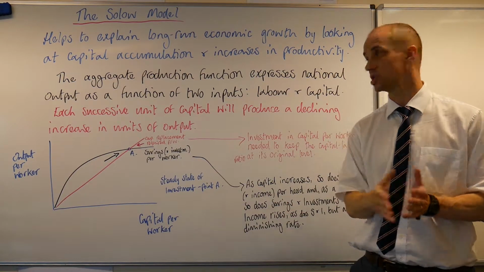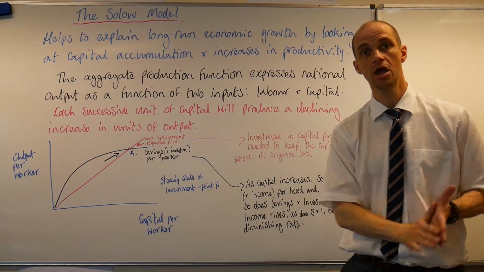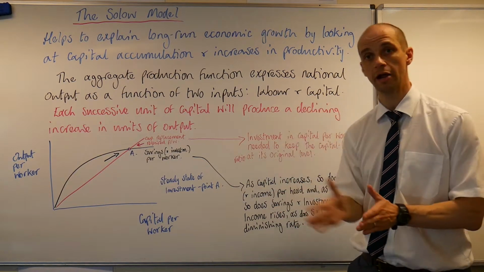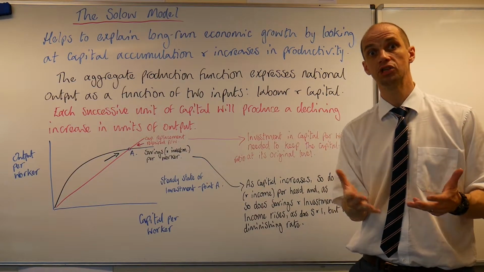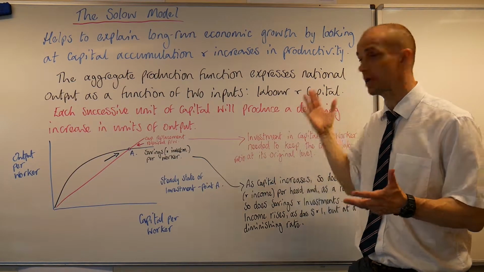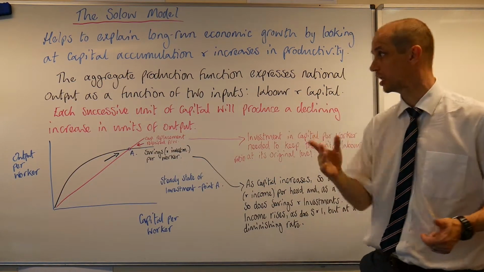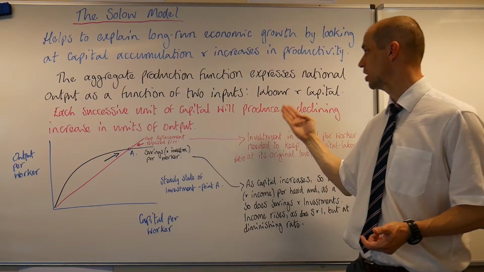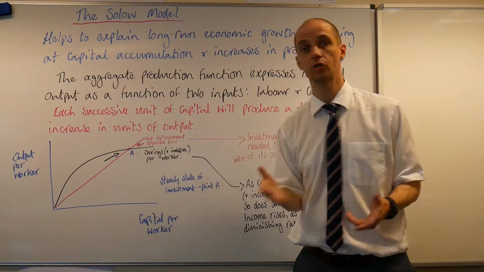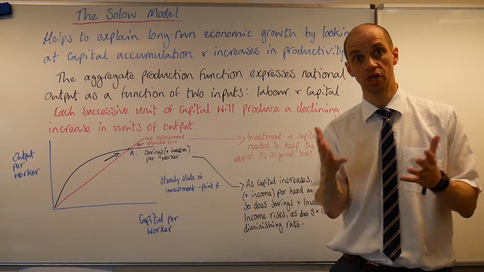So if you increase labour and capital by 10%, you may get a 10% increase in output. But of course, both of these areas are subject to diminishing marginal returns. And let's look at that here. Each successive unit of capital will produce a declining increase in units of output generated.